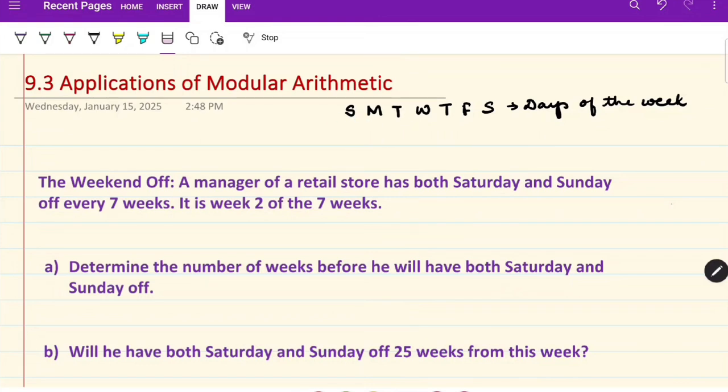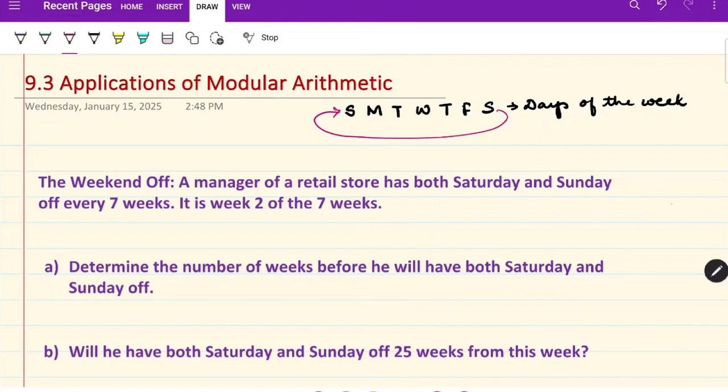Examples of cyclical order would be the days of the week, where we have Sunday, let's say the week starts from Sunday, and then we go through Monday, Tuesday, Wednesday, all the way up to Saturday, and then comes Sunday all over again. We get back to Sunday and then we move again through the days of the week. So that's an example of a cyclical order.